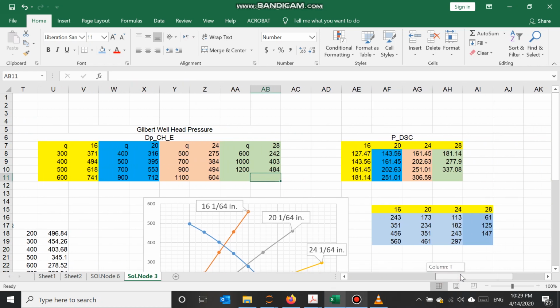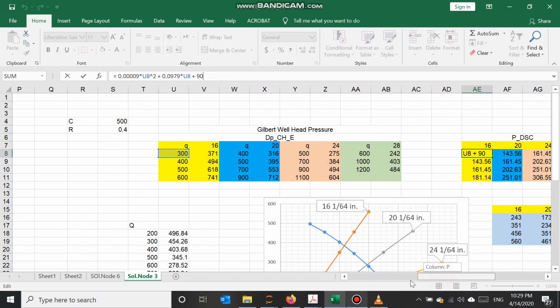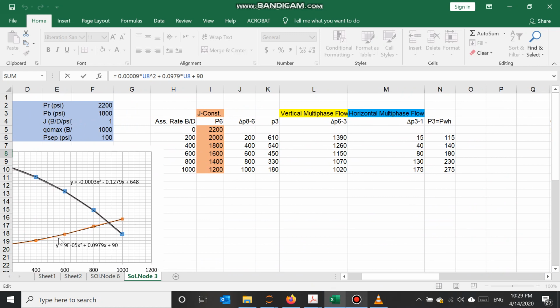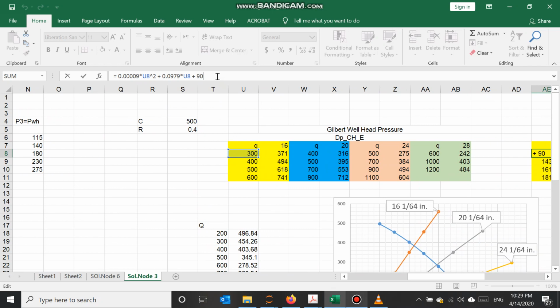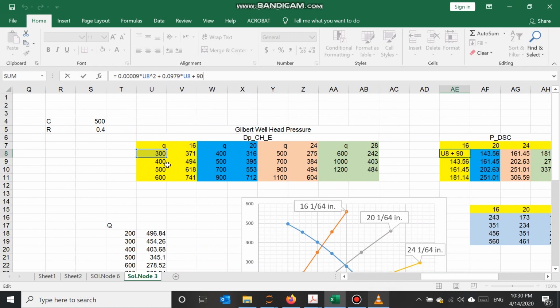Now we have to get the downstream pressures only, meaning after the choke. To do that, I fitted the trend line over here for the downstream component of the production system. I used it and calculated using the Qs corresponding to 16, because here I'm predicting the 16 bean size.